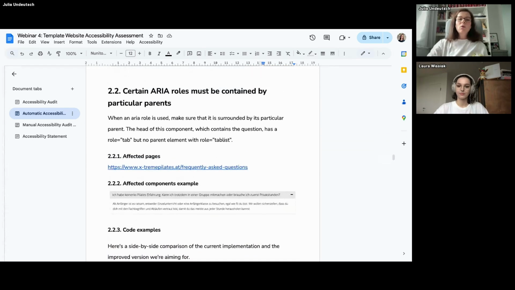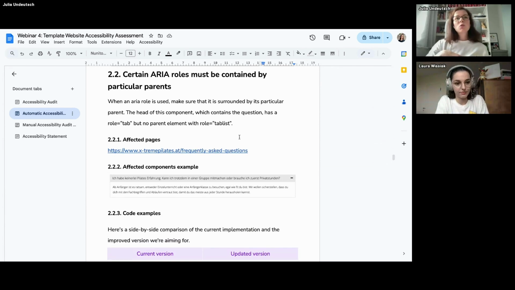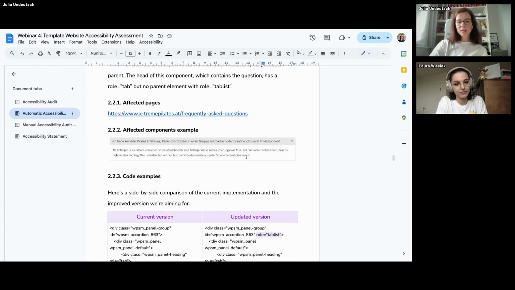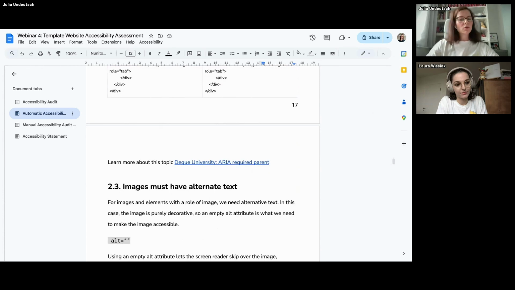And I think doing this for all these different issues I have found, and starting to explain in my own words what the problem is and how to fix it, helps to improve as a developer, or as an accessibility specialist, but also to get more into the web accessibility guidelines, which are really dry and often hard to understand.